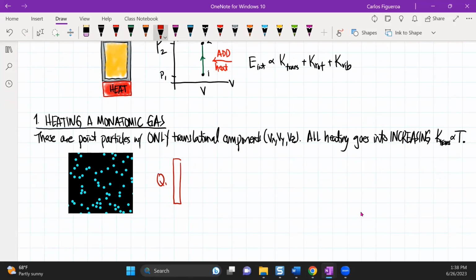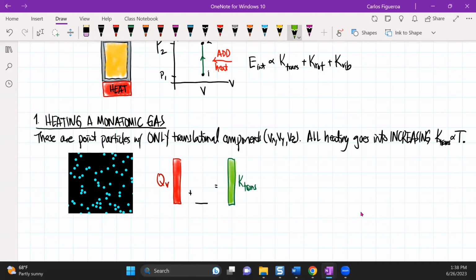So this is heating done at constant volume. What is all this heating going to do? It's going to change kinetic energy, right? And the way it changes kinetic energy is that it all goes to K translational.